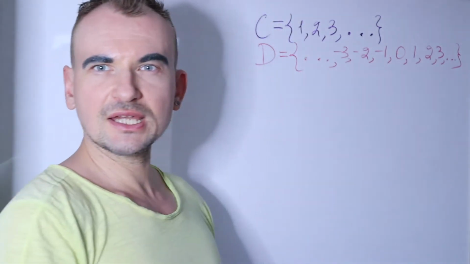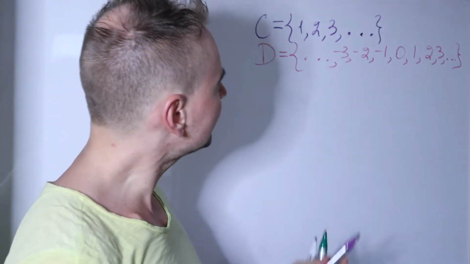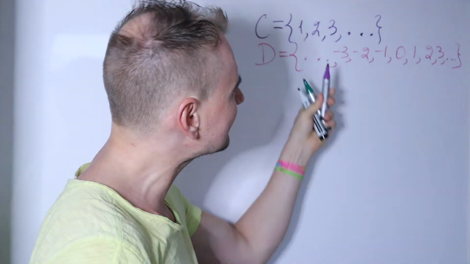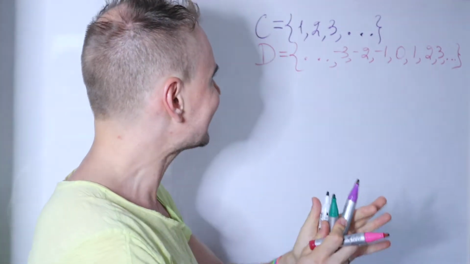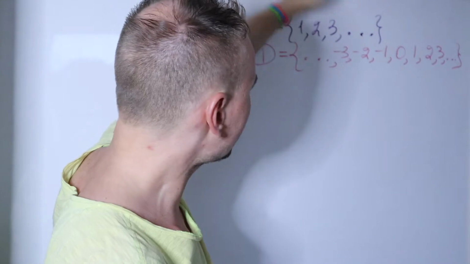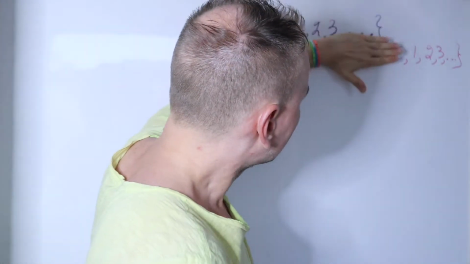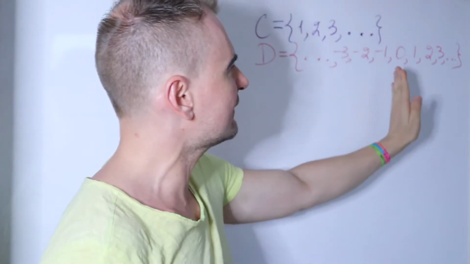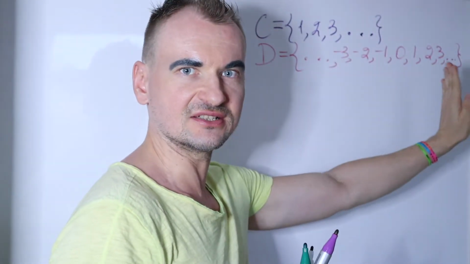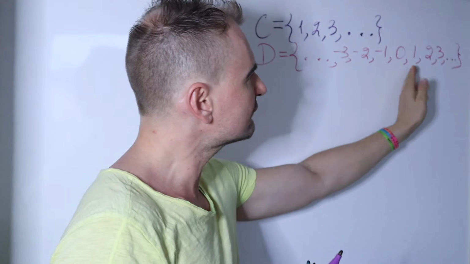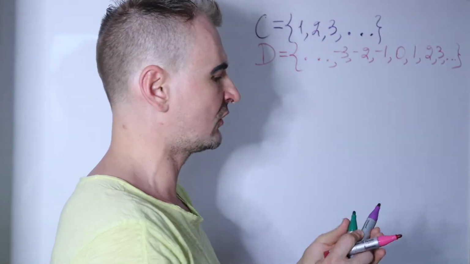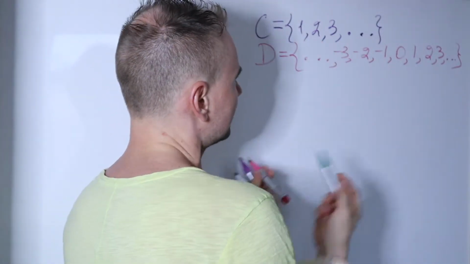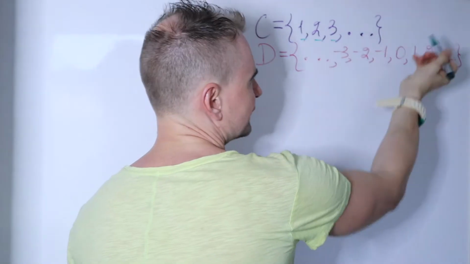As you can see, C is a part of set D. If I close these elements, you would see that if we go to the right side in that direction, we would meet these elements: 1, 2, 3, and so on.